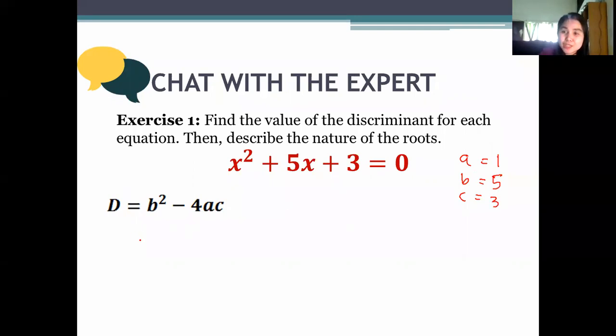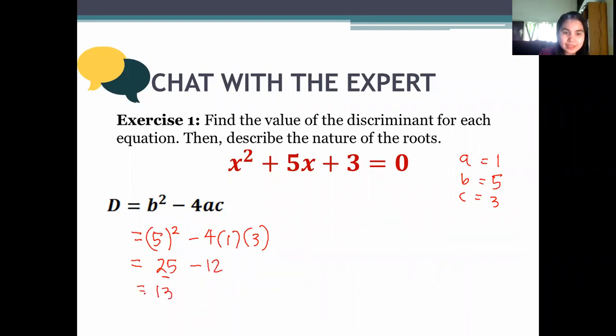Let's substitute it. B squared. 5 squared minus 4AC. So we have 25 minus 12. That's 13. Okay. In the chat box, describe the roots.